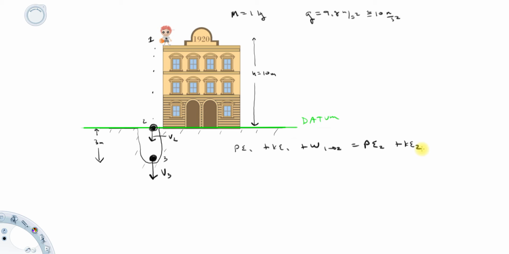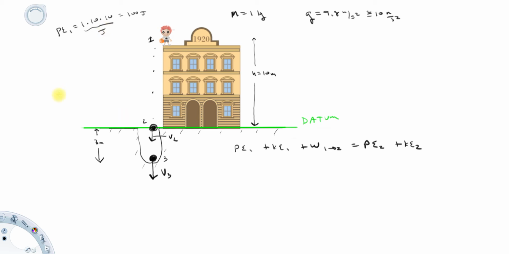The potential energy terms, the PE1 term. Let's see, I'm going to write this over here. PE1, I calculated this in the last video. 1 times 10 times 10, 100 joules. This thing has units of joules, and again, I went over the units in the last video.